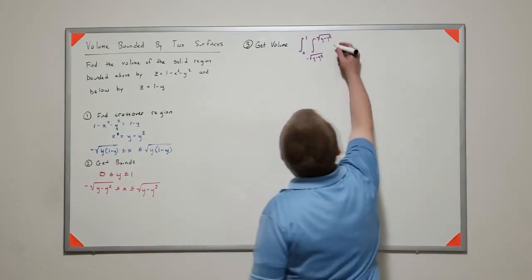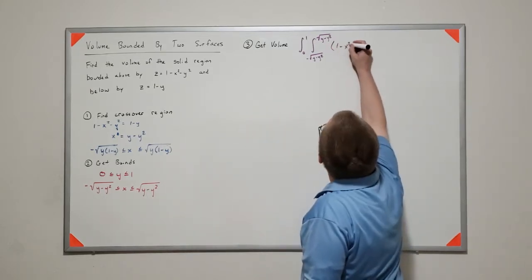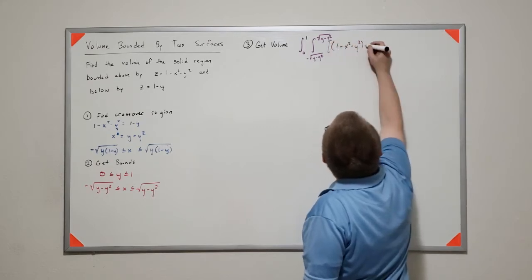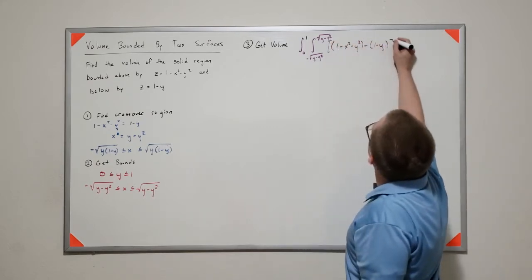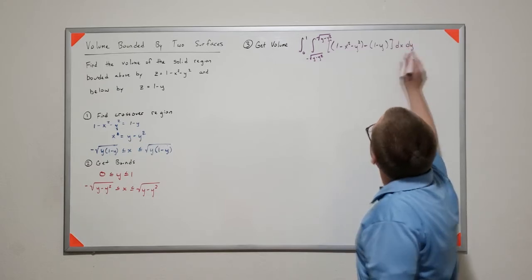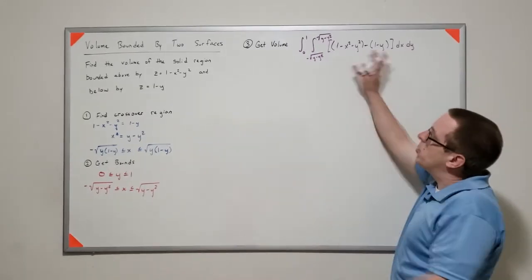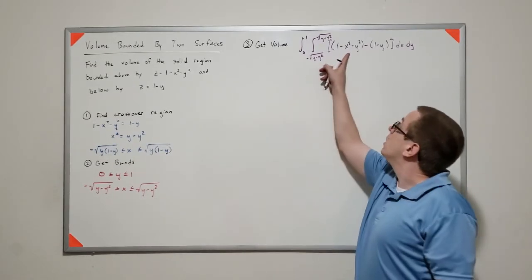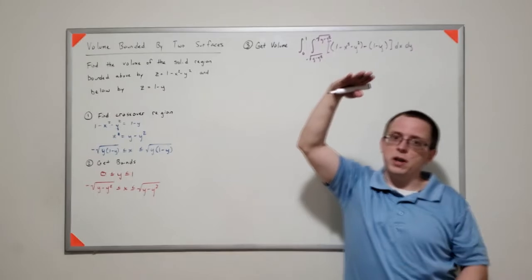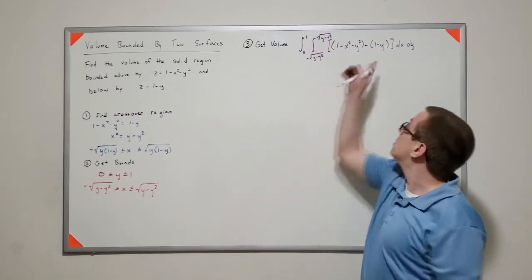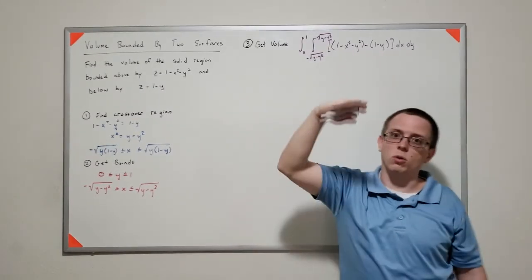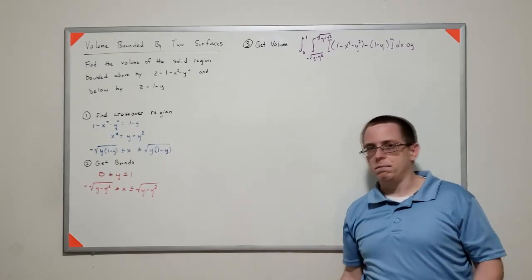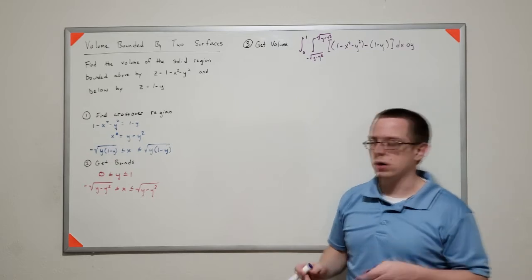So we say 1 minus x squared minus y squared minus 1 minus y, dx dy. Now, another way to do this is you could set them up as two separate integrals. That's what I actually have in my notes: you do this integral, so you find the volume of that down to the xy plane, and then you subtract that integral down to the xy plane. Either way is fine. It all works out.